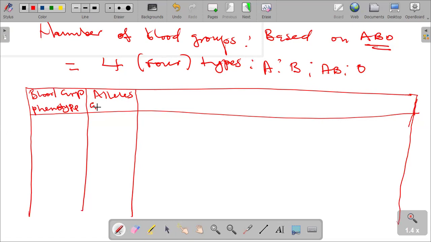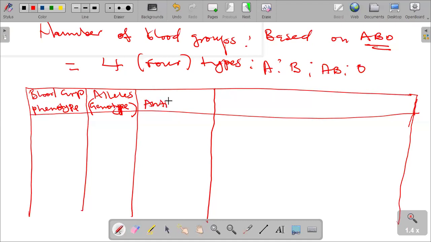Obviously, when we are there, we are referring to the genotype. And then we also have what is called antigens that are produced by each blood type.